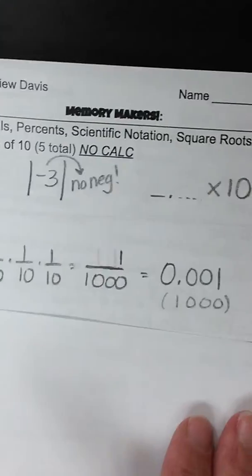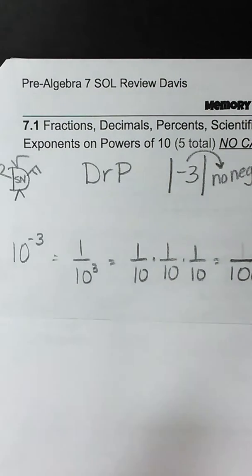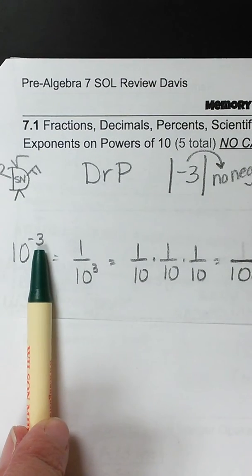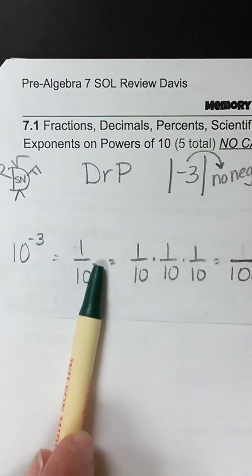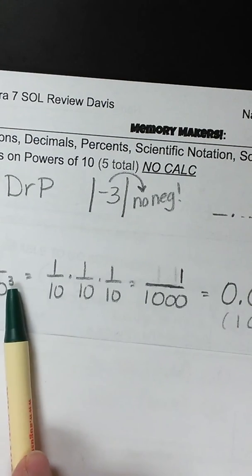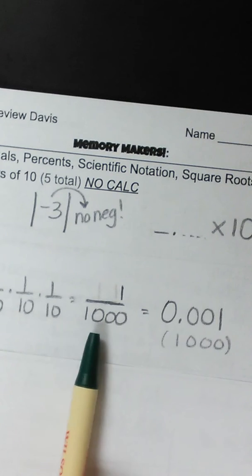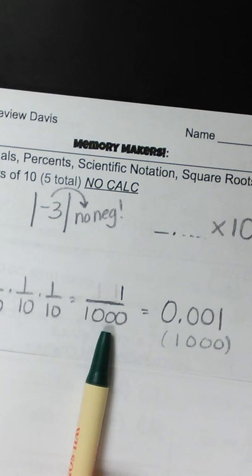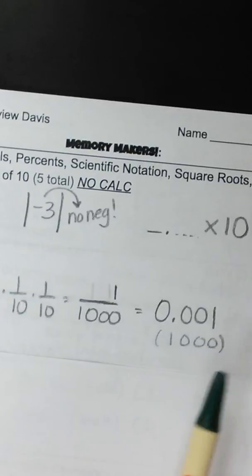That brings us to our fifth one, which is a power of 10. 10 to the negative third, again, that's going to be a small value number. That negative makes it go into the denominator of a fraction. And that tells you how many times 1/10 is going to be multiplied, which would get you 1 over 1,000 in this case, which would be equal to 0.001.